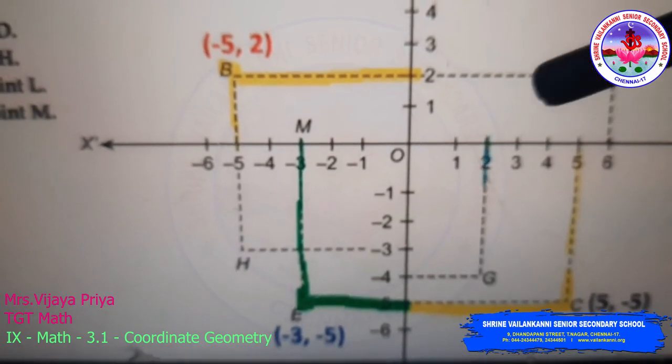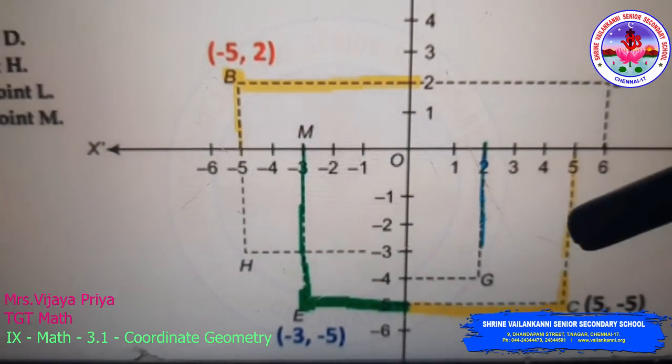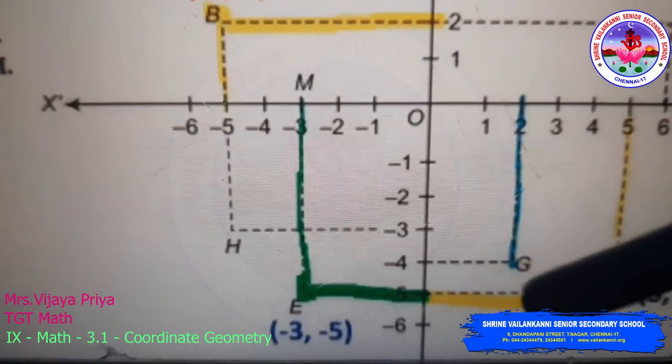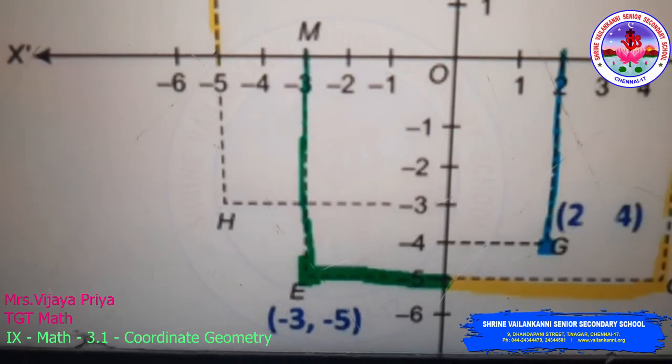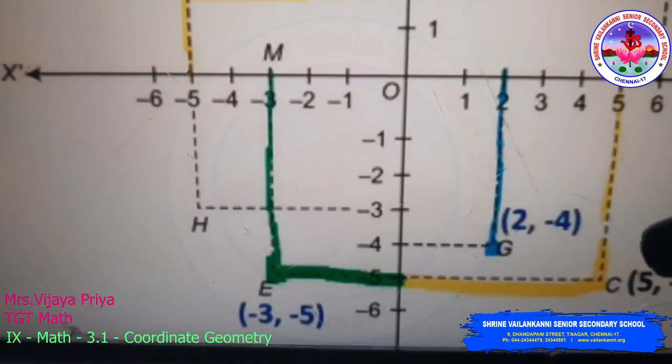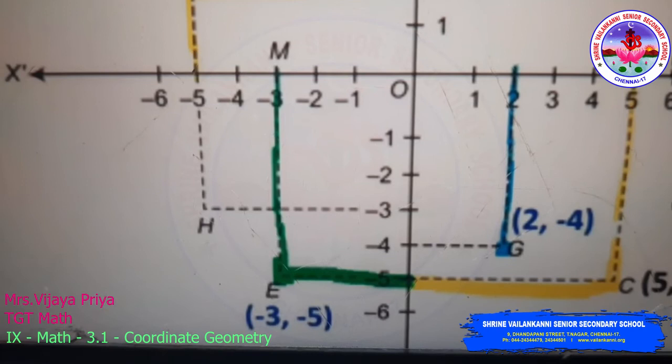Taking the positive x-axis 2 and the negative y-axis -4, these intersect at the point G. So G is 2, -4.